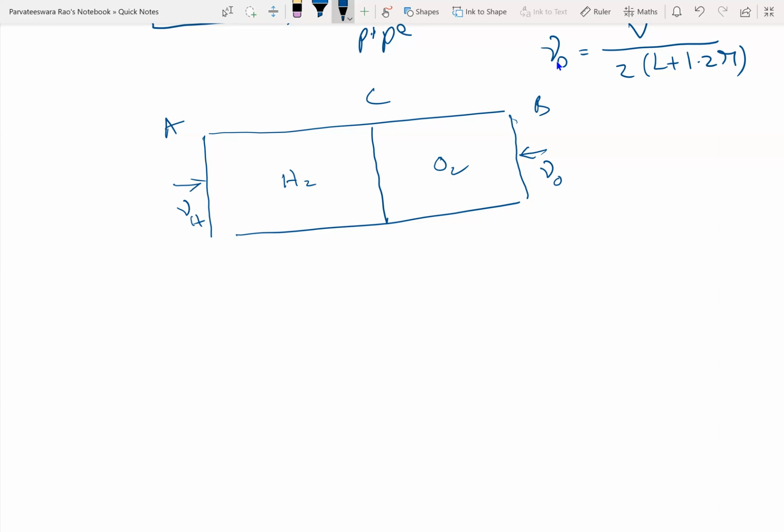What is the minimum frequency of these vibrations for which a node is formed at C?